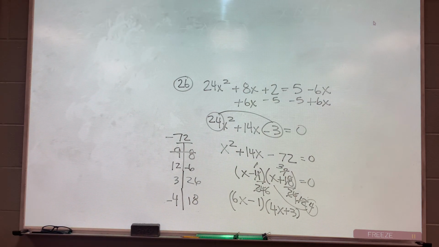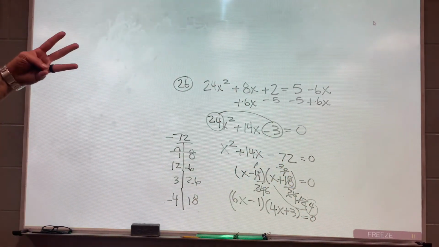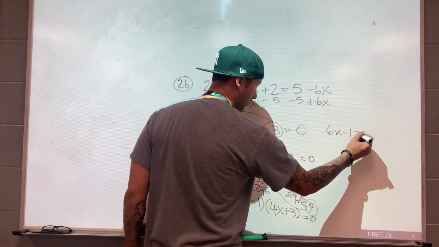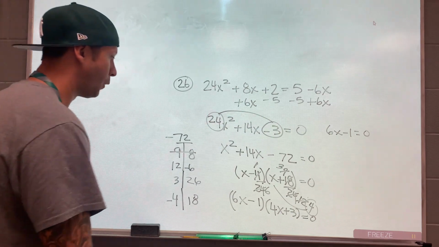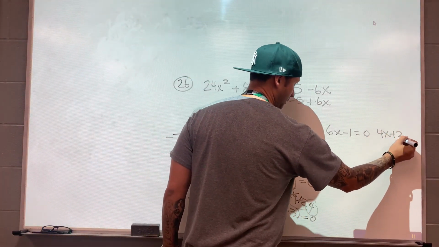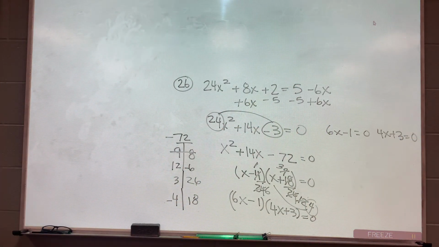All right. Make sure I don't forget anything. Equals 0. Oh my goodness. We're solving it. So I got to set each of them equal to 0. So 6x minus 1 equals 0. 4x plus 3 equals 0. All right, I'm going to add the 1 and then divide by 6.